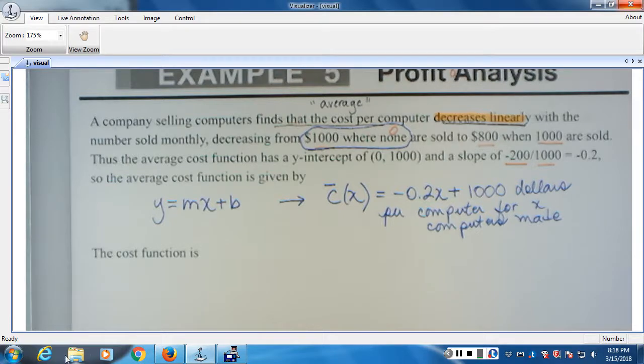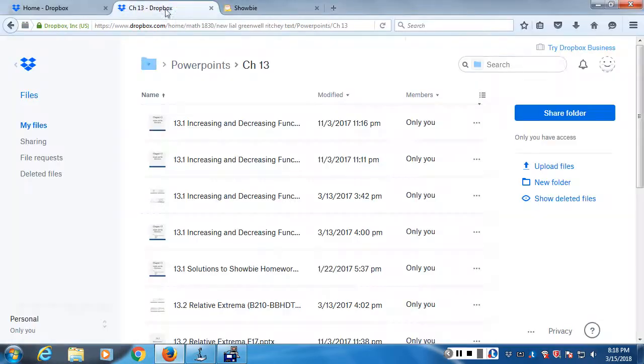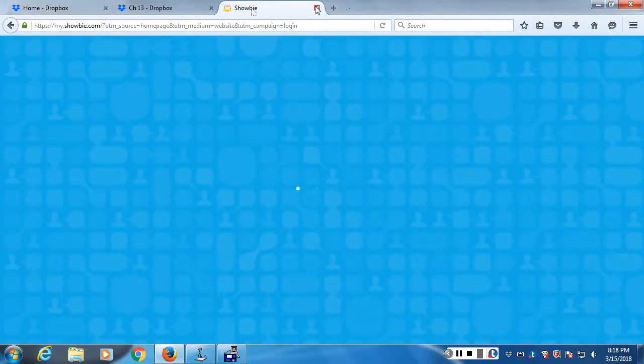Let me go back and look at the notes for a second. I never did log into Shobi.